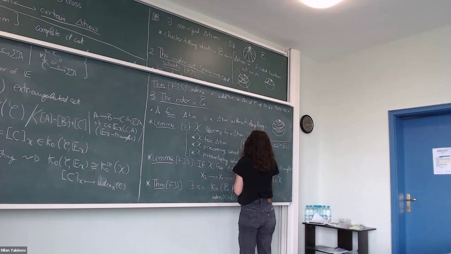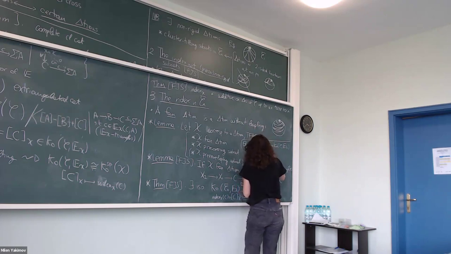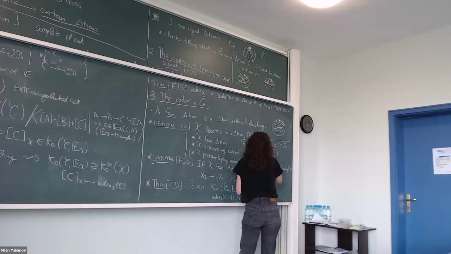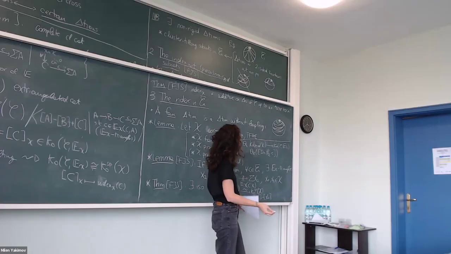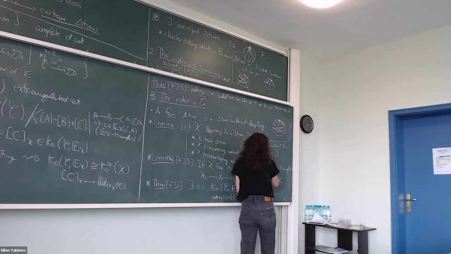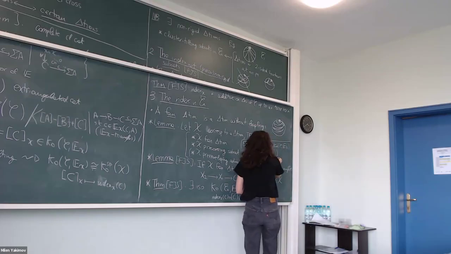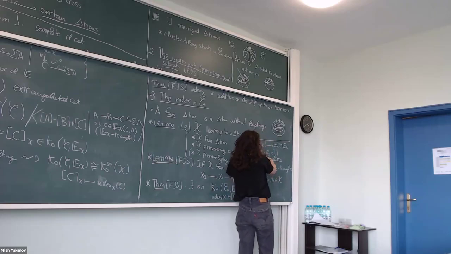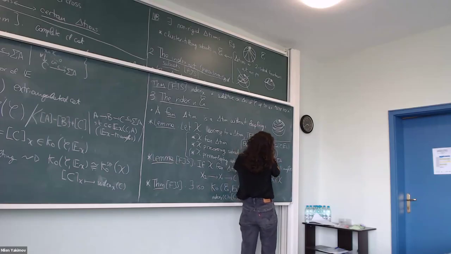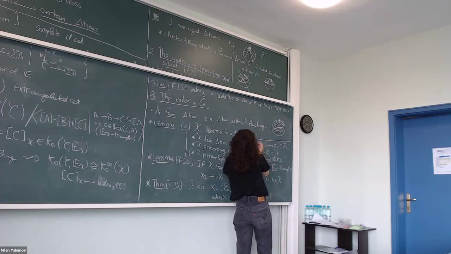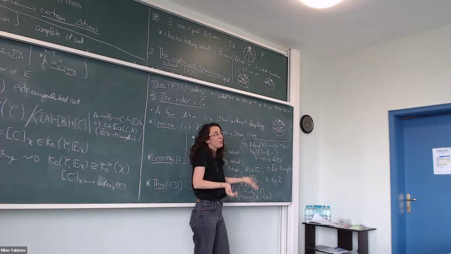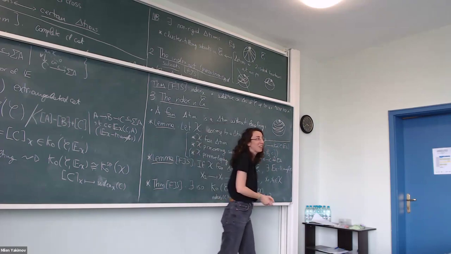And then the error term is, you have to take the class of the image under the Yoneda extension restricted to X of some map. And this is the error term. So basically your triangle is something like this, with this C. Then you take this morphism, you compute the Yoneda functor restricted to X on this, then you take the class of this image and apply this functor, and this is your error. So we can describe it, but it's a bit of a complicated term.